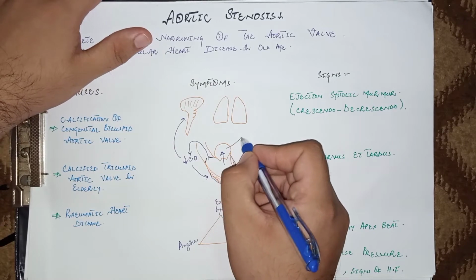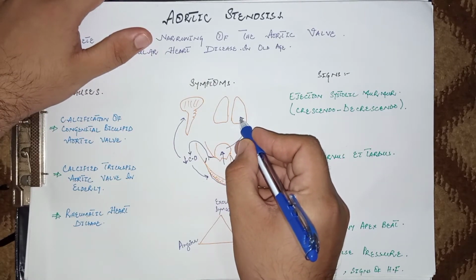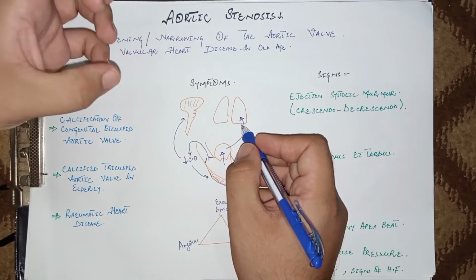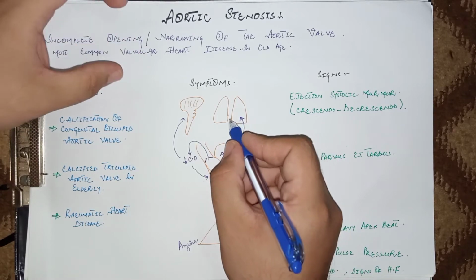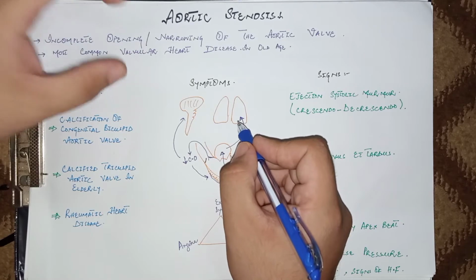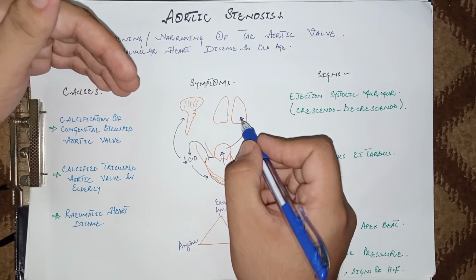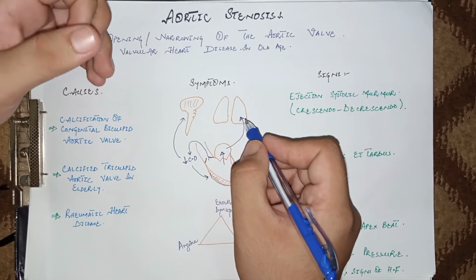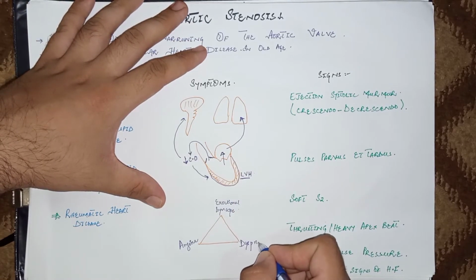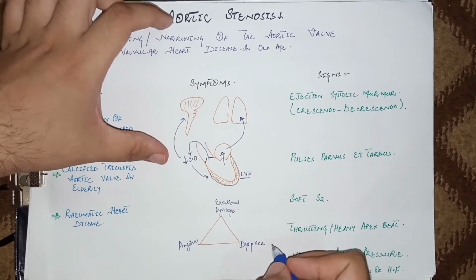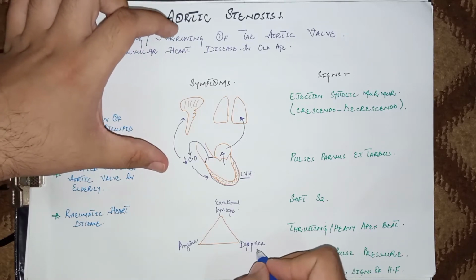So there is pulmonary circulation overfilling, and pulmonary edema and congestion occur, which lead to dyspnea in these patients. All the features of left-sided heart failure occur at the advanced stages. So dyspnea, that is difficulty in breathing, is the third classical symptom of aortic stenosis.